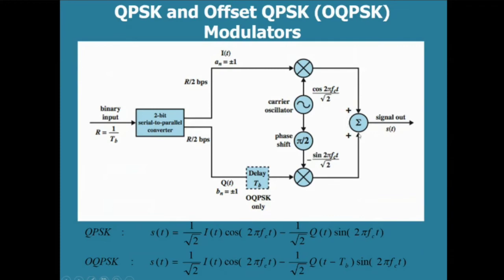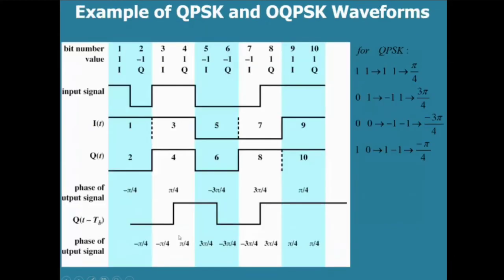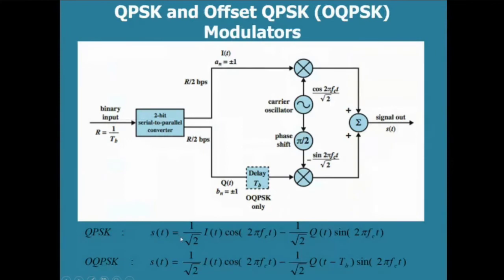Finally, it is given to a summer element, where the in-phase component and quadrature phase component are added, which will produce the QPSK output. That is the QPSK signal S of t equal to 1 by square root 2 I of t cos 2 pi fc t minus 1 by square root 2 q of t sin 2 pi fc t.